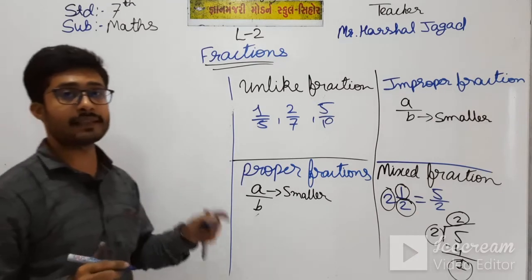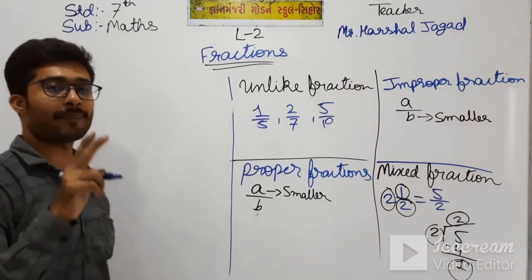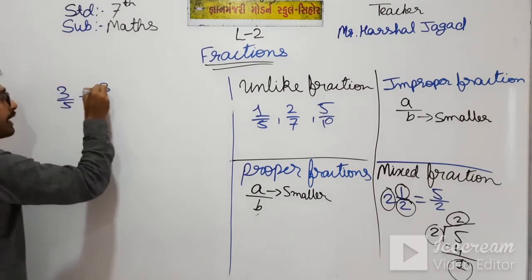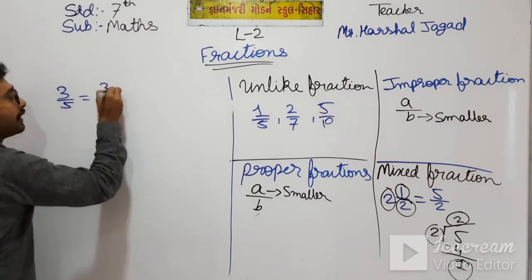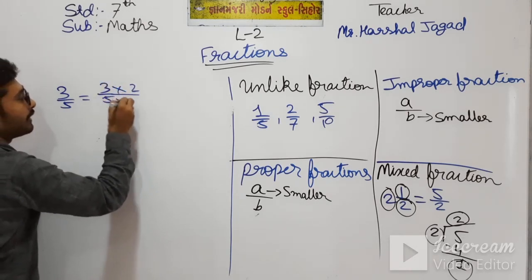If we multiply this by any integer, I will multiply this by 2, then 3 by 5 into 2 and here into 2.